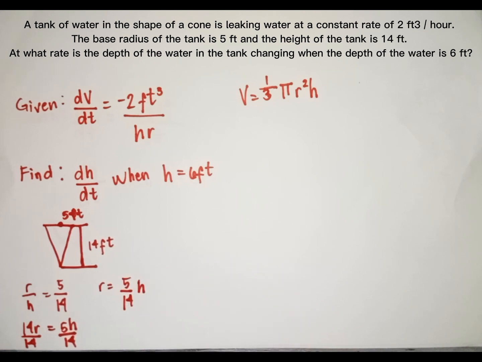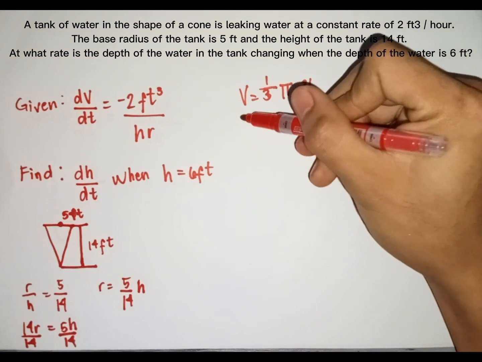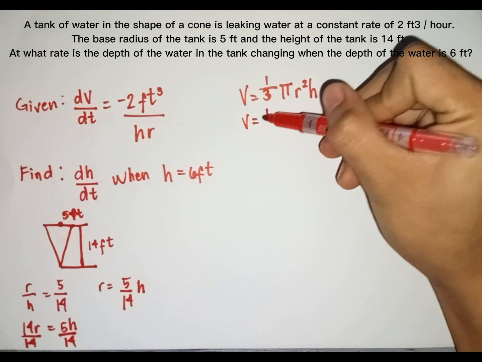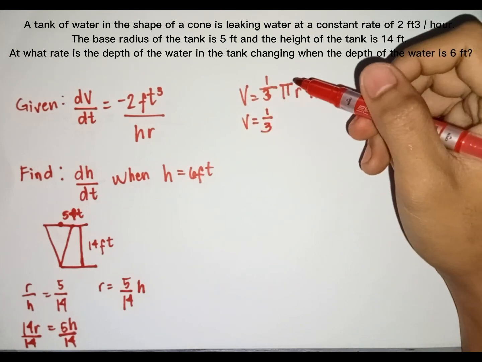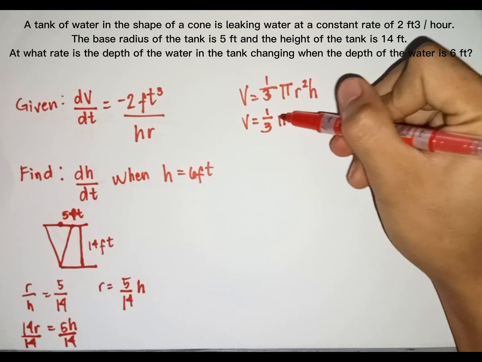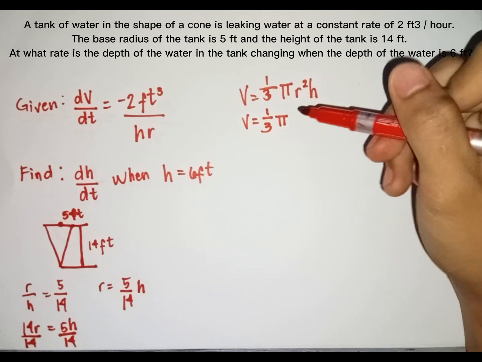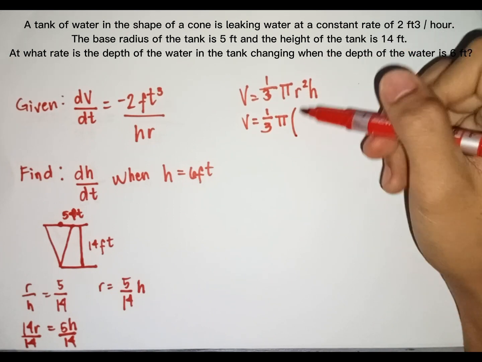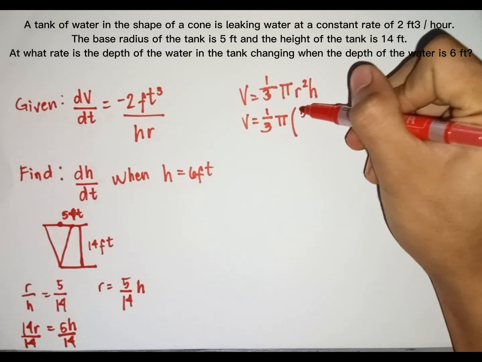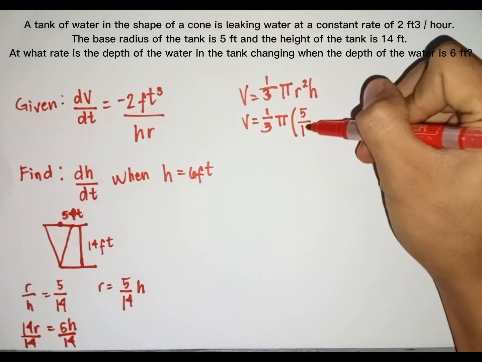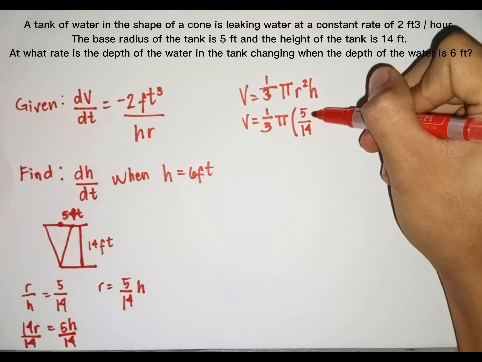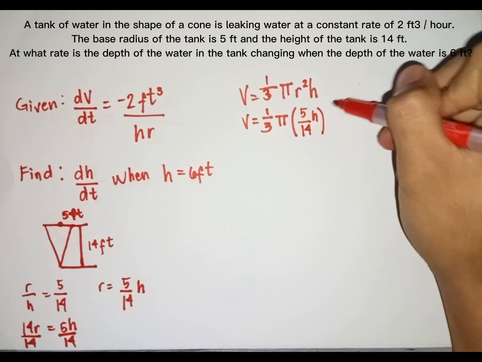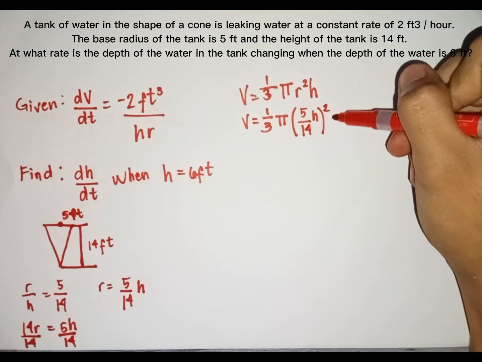And that is what we're going to do, because we're going to substitute the value of r. So we write V equals 1 over 3 pi, and we substitute the r here. That is 5 over 14 h, squared, times h.